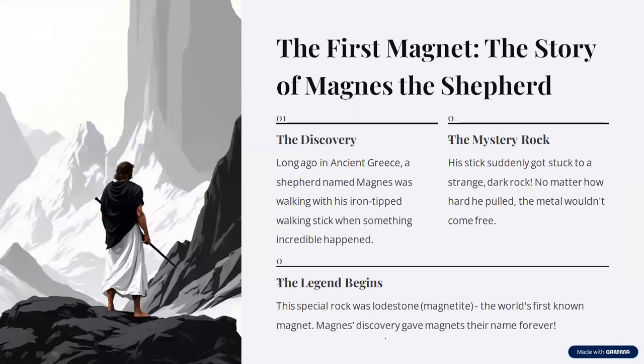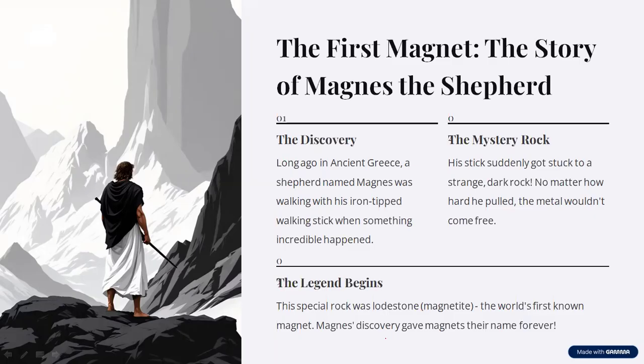Now, how were magnets invented? There is a story. This discovery story tells us that long ago in ancient Greece, a shepherd named Magnus was walking with his iron-tipped walking stick. He came across a large black rock, and as his stick had a cap of metal, it was sticking to that rock.